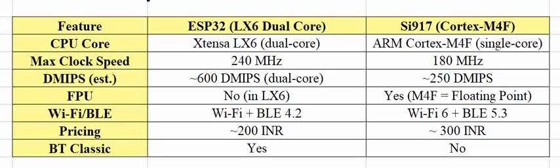And then the pricing. So this is the biggest winner when we compare these two chipsets. ESP32 has the lowest cost compared to 917. And support wise, there is a lot of support available for ESP32, a lot of communities, people use it.